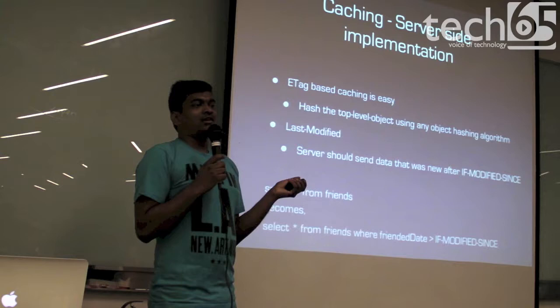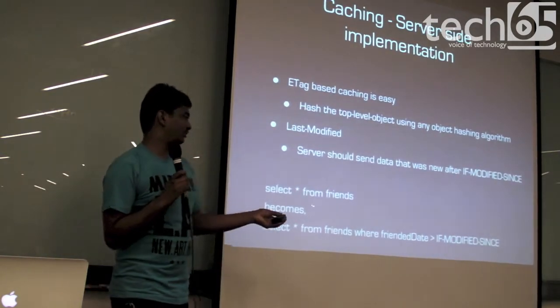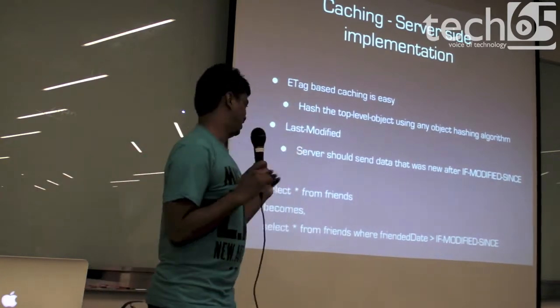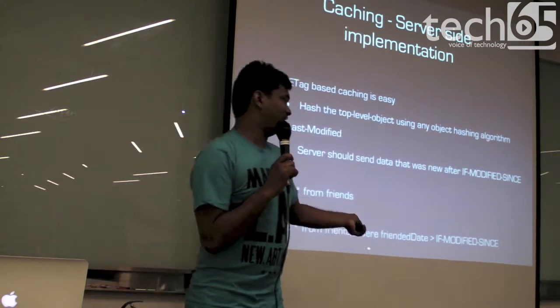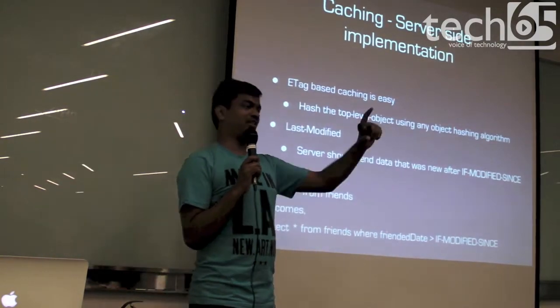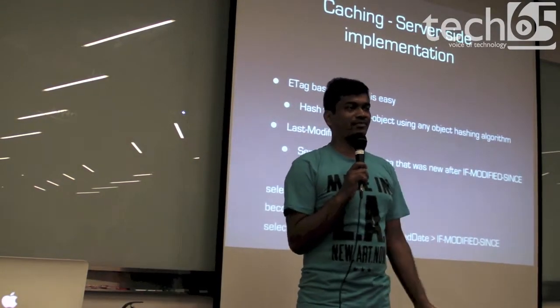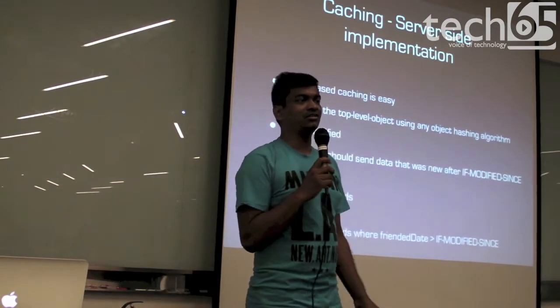The good part, if you use last modified, is if you have a query called select star from friends, it becomes something like select star from friends where friended date is greater than if-modified-since. So it's like this: the iPhone client has your list of 100 friends, and this was fetched on 3rd of March.